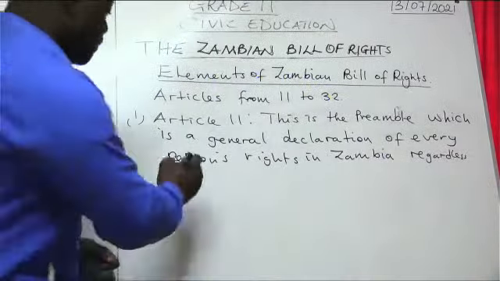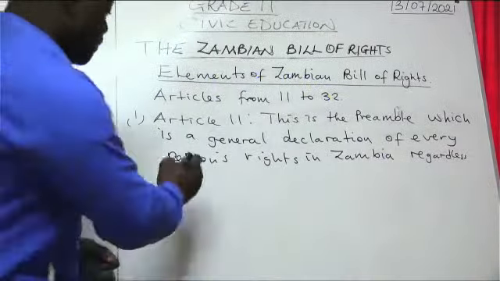What are we saying? We are saying that even an unborn baby has the right to live. So when you meet as a boy and a girl, whatever you are going to develop, that person has got rights. That's why under Zambian law, when you abort that child, we are going to say you are a murderer, because that child has got what? Rights. So be careful in whatever you do in life.